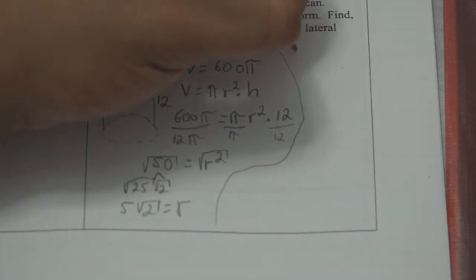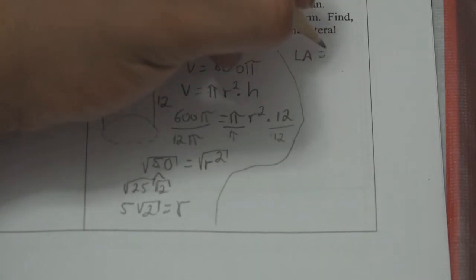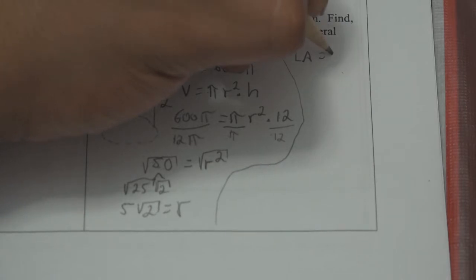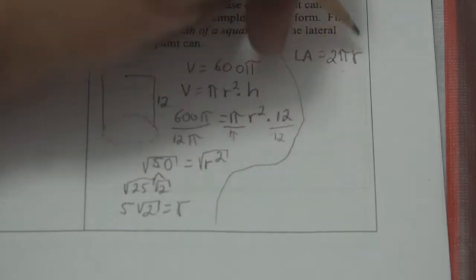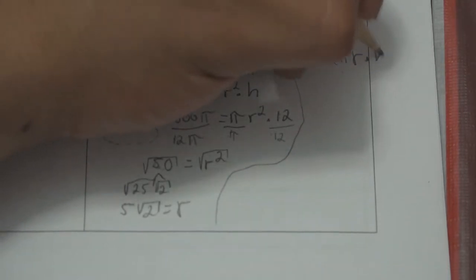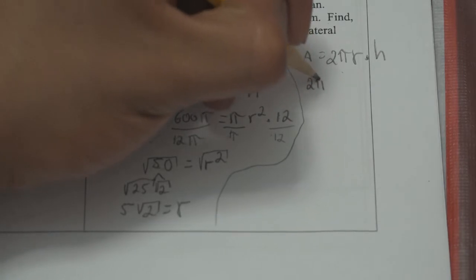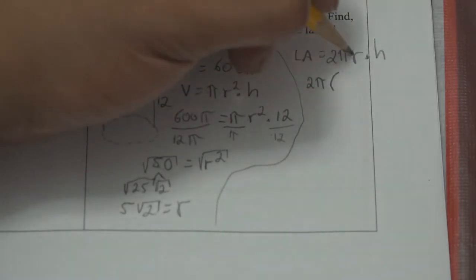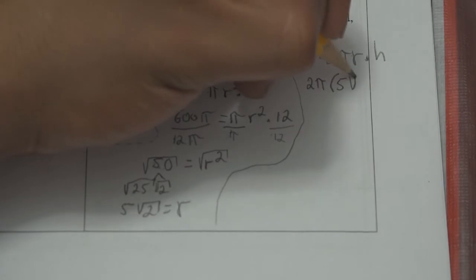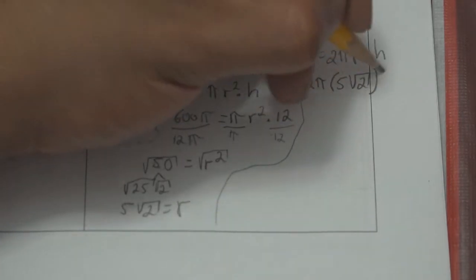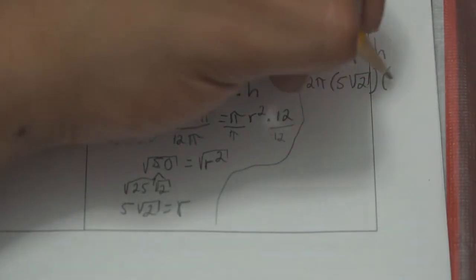The rectangle makes a circle, so the length is 2 pi r, times the width, which is the height. So this would be 2 times pi times r, which in this case is 5 radical 2, times the height, which is 12.